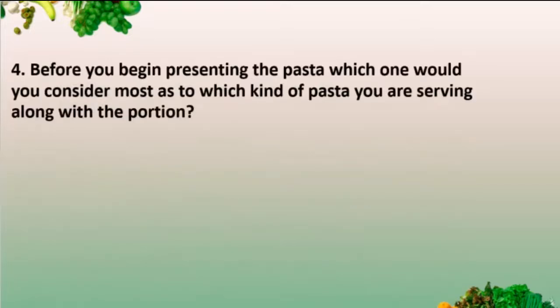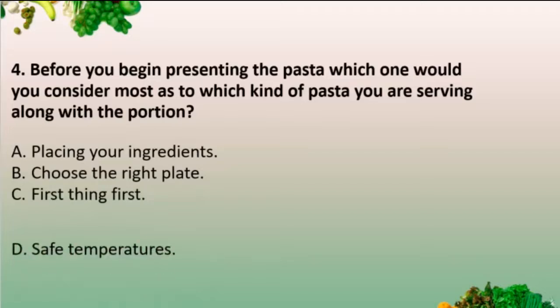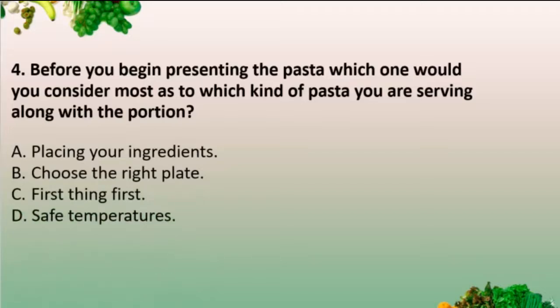Number 4. Before you begin presenting the pasta, which one could you consider most as to which kind of pasta you are serving along with the portion? A. Placing your ingredients. B. Choose the right plate. C. First thing first. D. Safe temperatures.